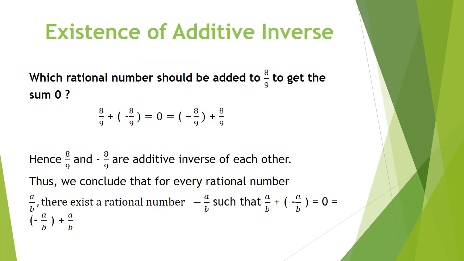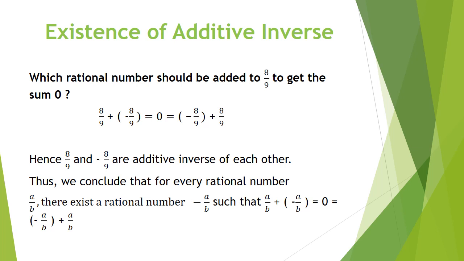Next is existence of additive inverse. Which rational number should be added to 8 upon 9 to get the sum 0? We know that if we add any number to its negative, then we always get the answer 0. Now the rational number is 8 upon 9 and its negative will be minus 8 upon 9.